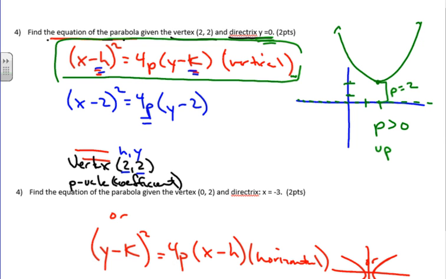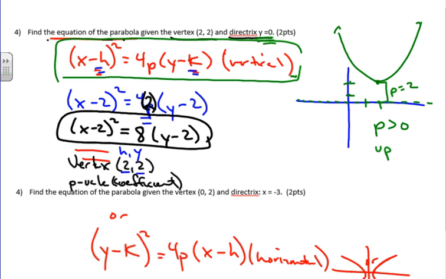So what is our p-value? Well, that's 2. We plug that back in, and we find a final answer of x minus 2 squared equals 4 times 2, which gives us 8 times y minus 2. And that's our equation. That's it.